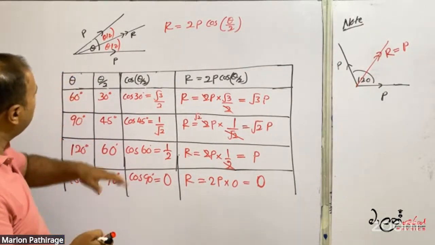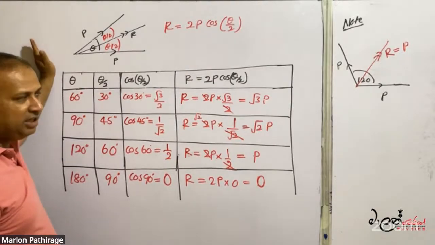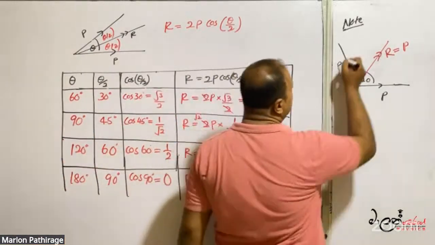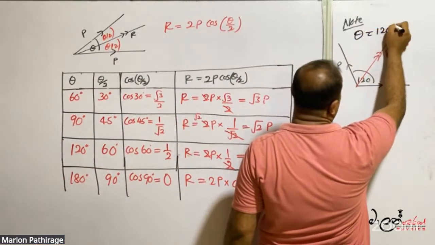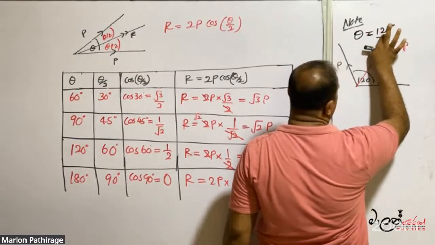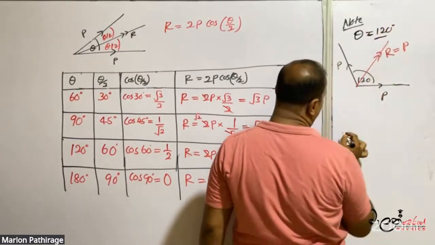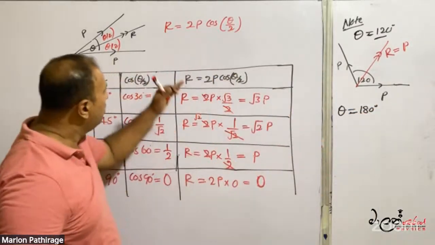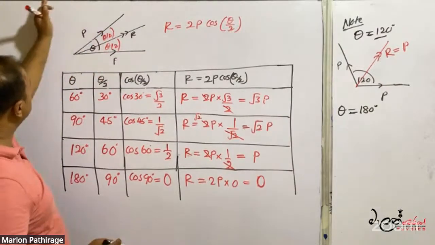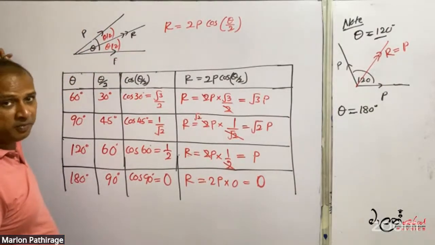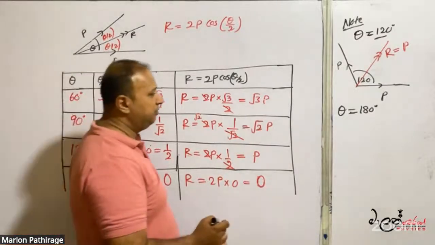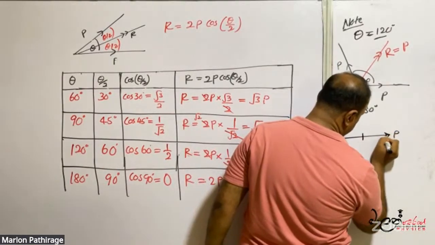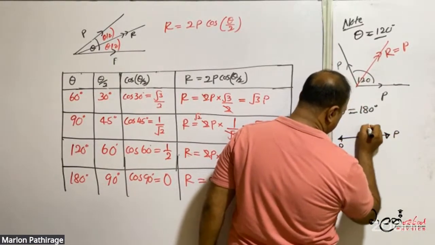That is correct, because if the angle theta is 180, one force is here and the other force is totally in the opposite direction to the first force. Here P, and this one also P. This angle is 180.